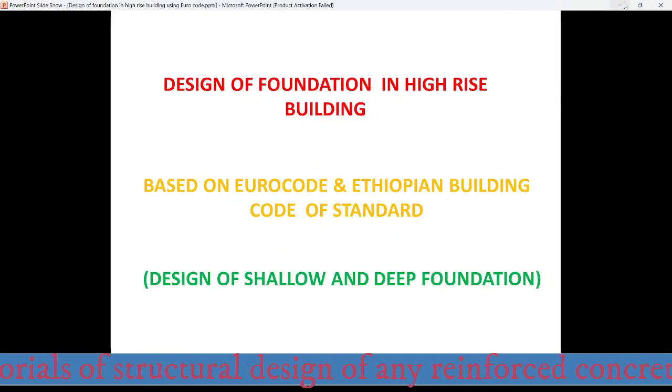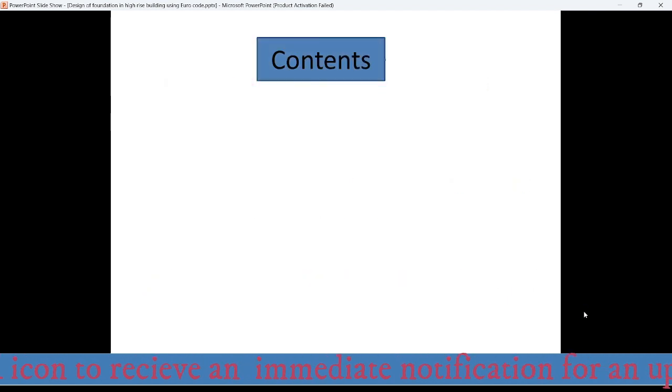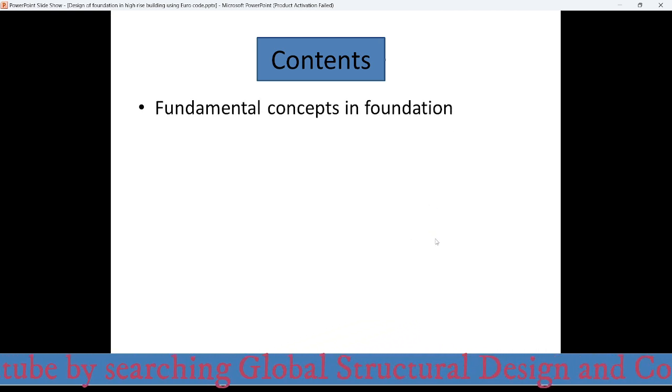So let's proceed to today's tutorial, which is tutorial part 28, which will be focusing on the detailed designing of foundation in high-rise building based on the European and Ethiopian Building Code of Standard for the shallow and deep foundation. So here we will have contents. The contents comprise different types of content.